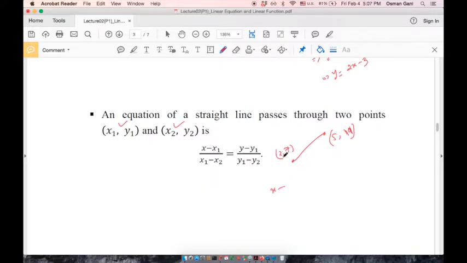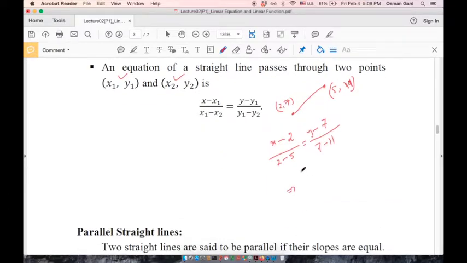You can consider 2 or 5 as x1, but let me consider 2 as x1. Then x minus x1, which is 2, divided by x1 minus x2, which is minus 3, is equal to y minus y1, which is 7, divided by y1 minus y2, which is minus 4. You can cancel minus and minus.